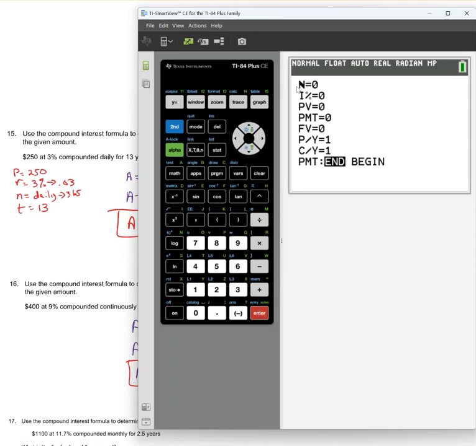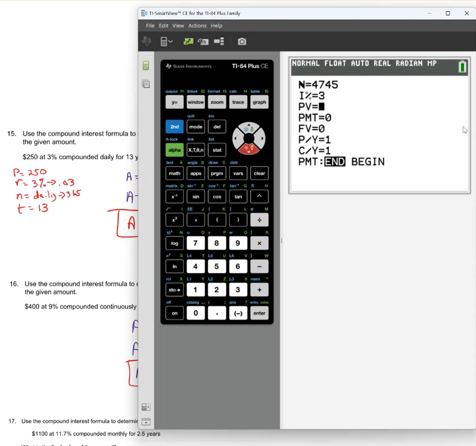All right, N is not just the 365, it is the total number of compounding periods. If you're doing it for 13 years, that's 13 times 365. So 365 times 13, that'll be 4745. Interest rate, you do not have to put it in a decimal, so we just put 3 here.